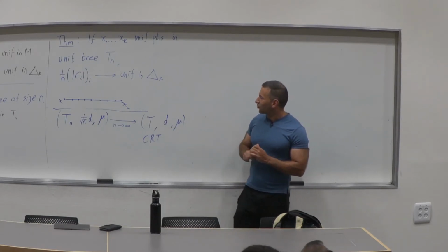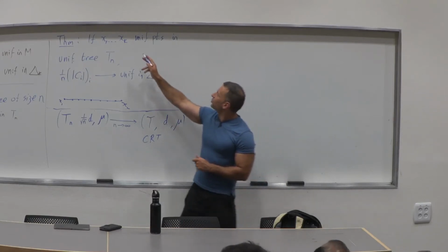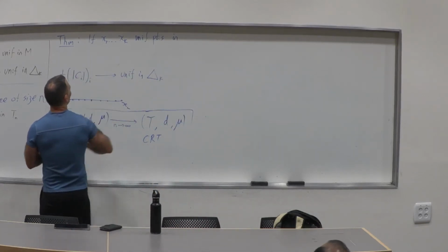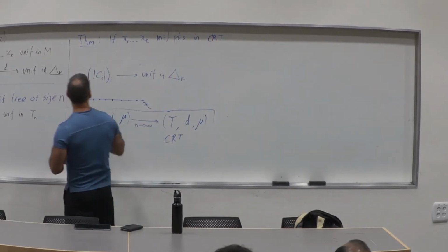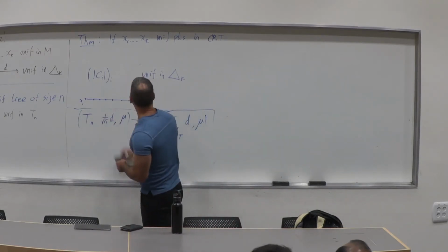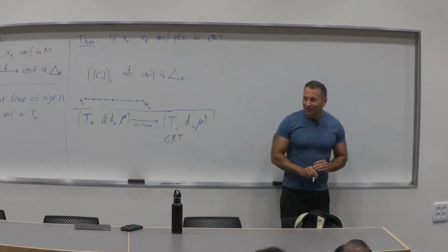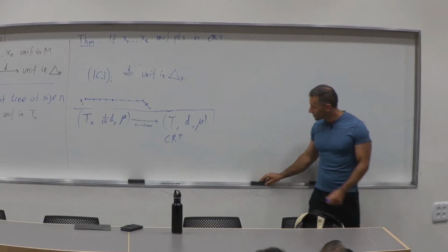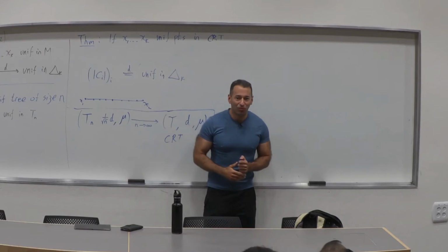In fact, what we show is that in the limit, if you take x1 up to xk uniform points in the CRT, we no longer need to normalize, since the probability measure is already normalized. So this vector is equal in distribution precisely to the uniform one. Any reasonable tree that you get will converge to this. That's the theorem that we prove.